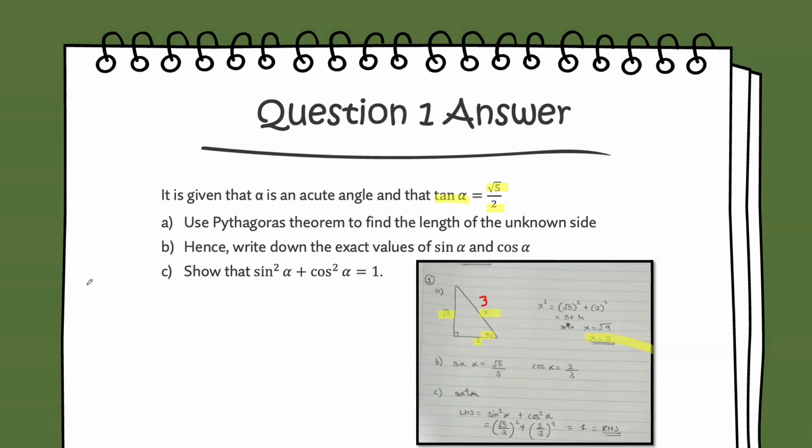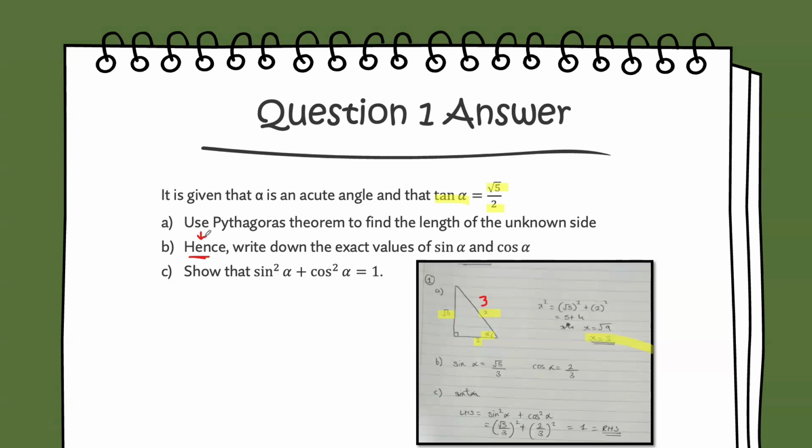Now looking at the next part, it says, hence, write down the exact values of sine A and cos A. Now, this is a hint, and something you should remember: when you have a multi-part question like this, and the wording says hence, it means that you need to use whatever you found in part A to answer part B. That's not an option.